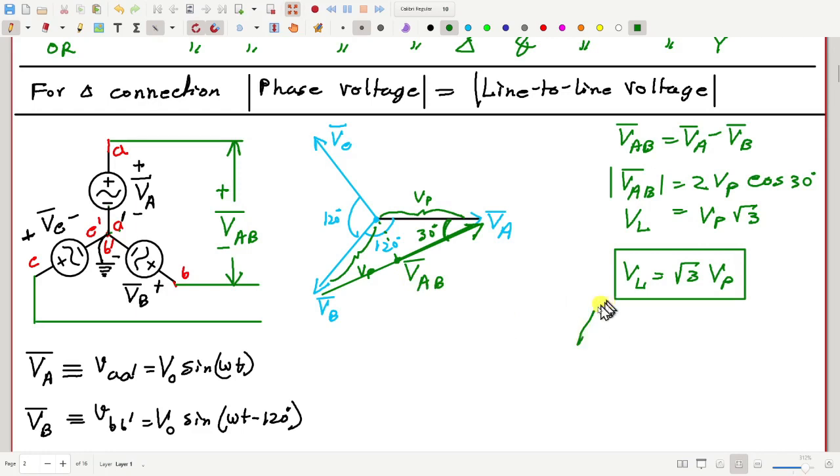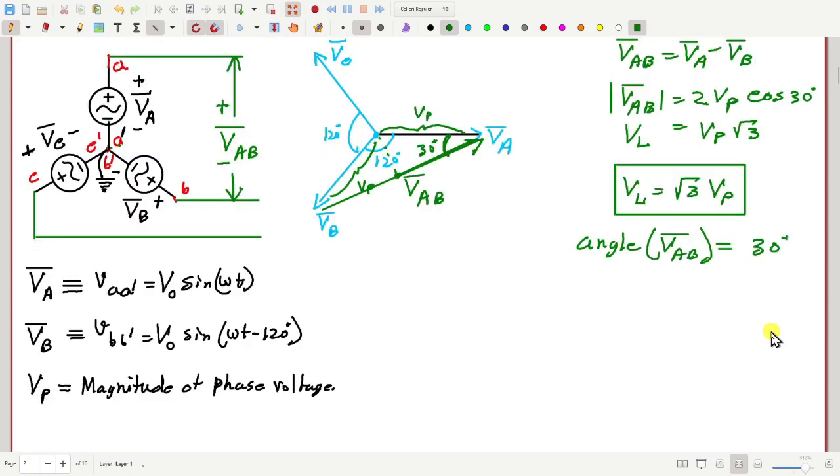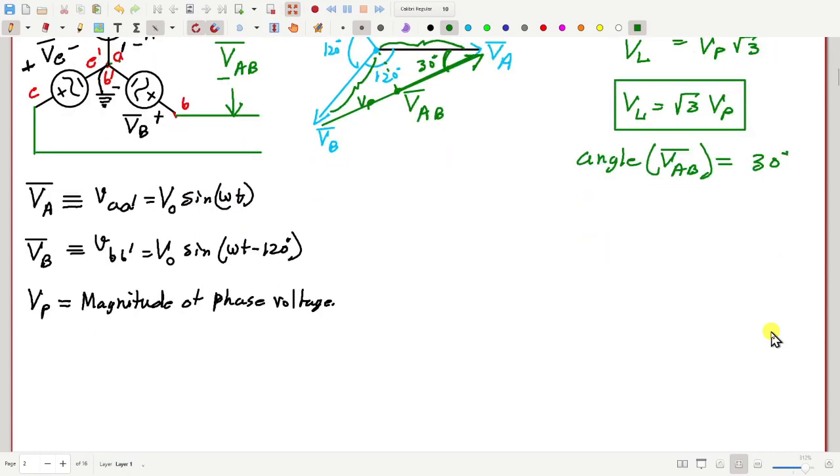So angle of VAB is how much in this diagram? 30 degree. Absolutely right. Now, there are 2 possibilities.